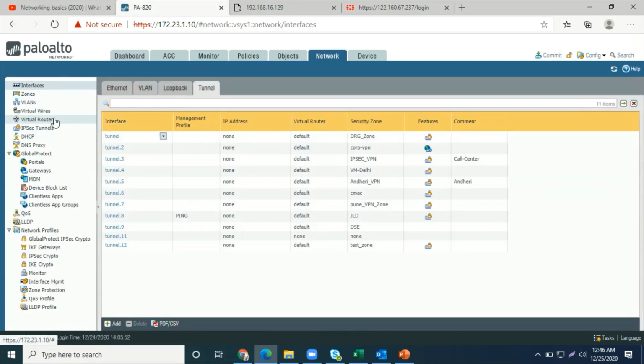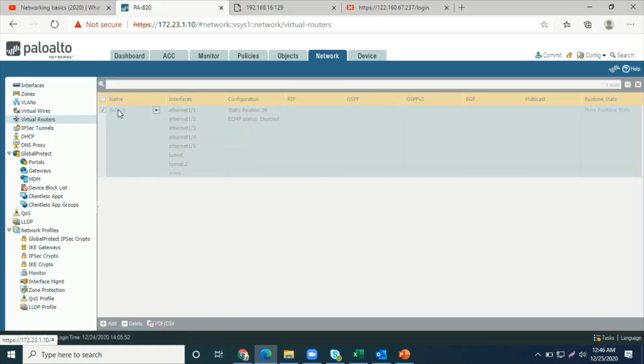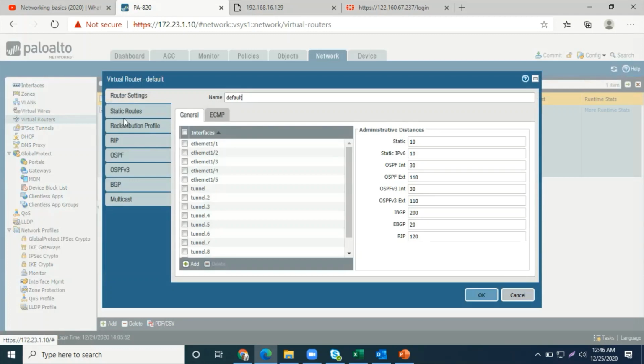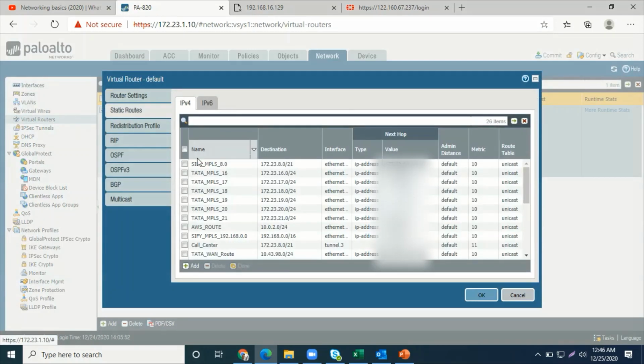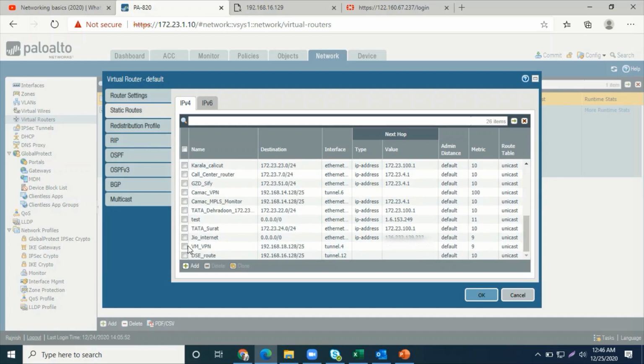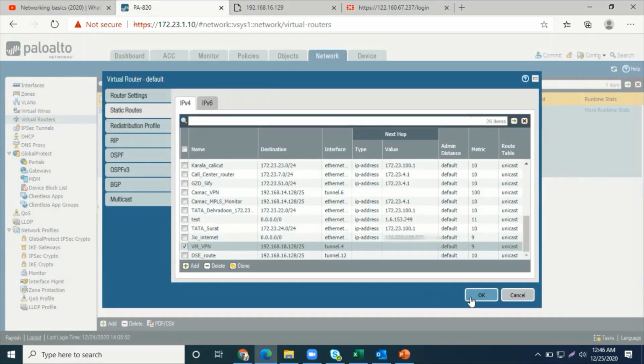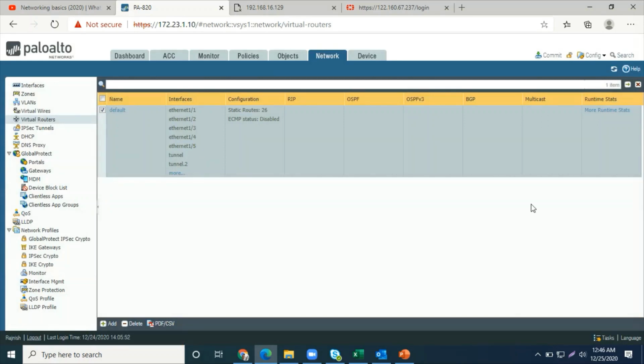Then go to the virtual router and define a route for the destination. Give the destination subnet, the interface, next hop none and metric, and then OK. So this is the configuration, and after that commit. Don't forget to commit.